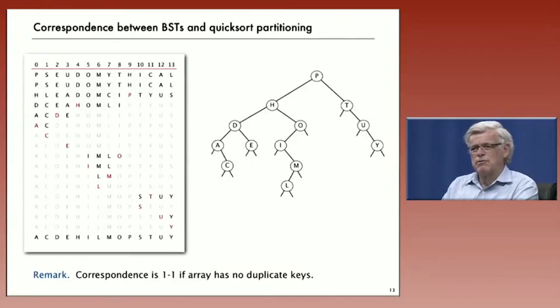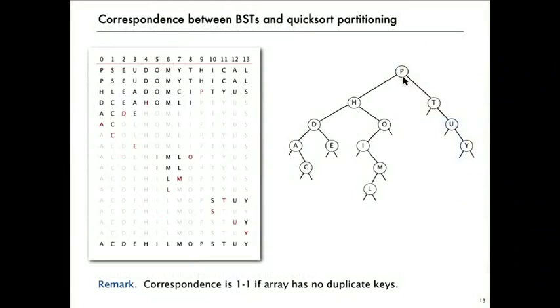One remark before we do the analysis is that binary search trees correspond exactly to quicksort partitioning. In the binary search tree, we have a node at the root, and everybody smaller to the left and everybody larger to the right. In quicksort partitioning, after the random shuffling, we have the partitioning element, and then we process everybody to the left independently of everybody to the right.